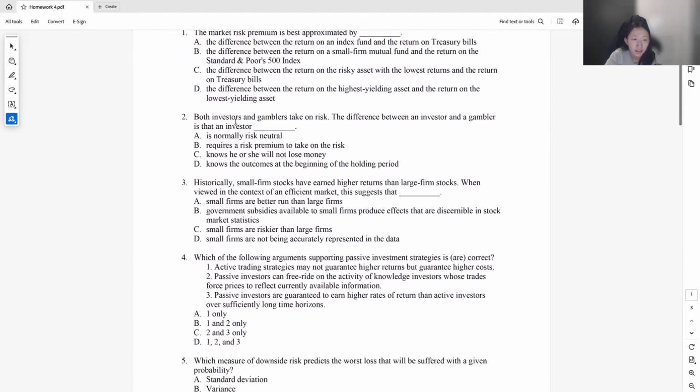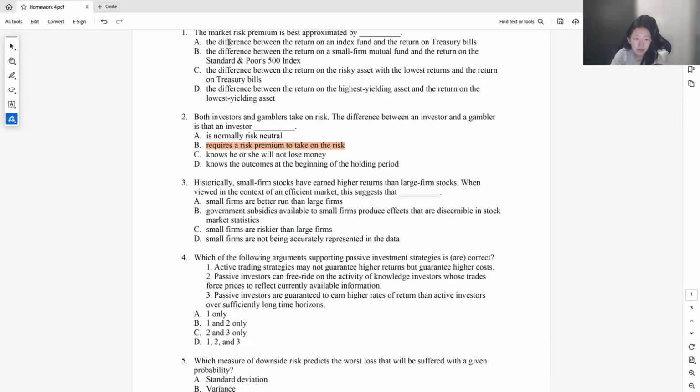Okay, moving down. Both investors and gamblers take on risk. The difference between an investor and a gambler is that an investor, A, is normally risk neutral. That is not true. Investors are risk averse. B, requires a risk premium to take on risk. This one is correct.